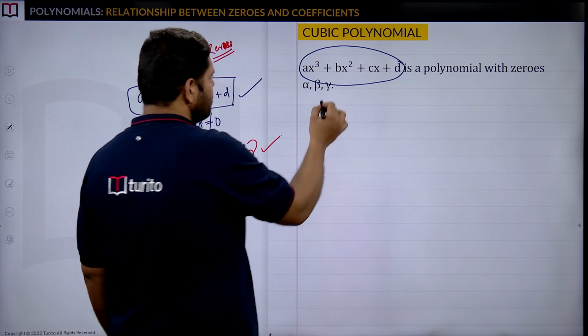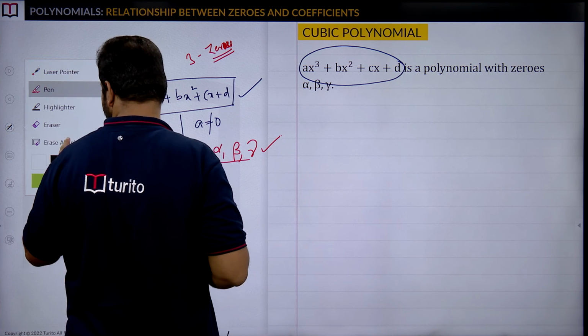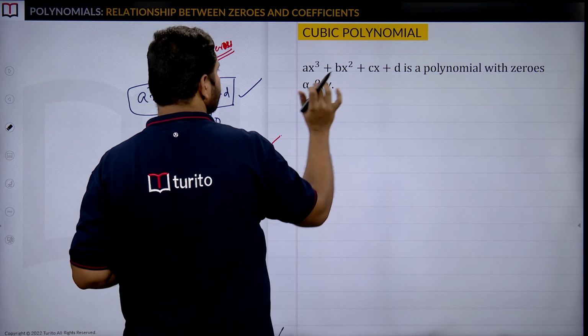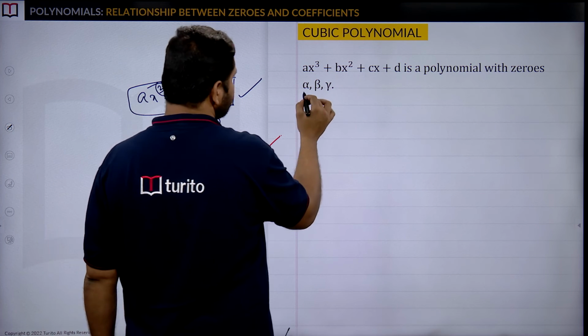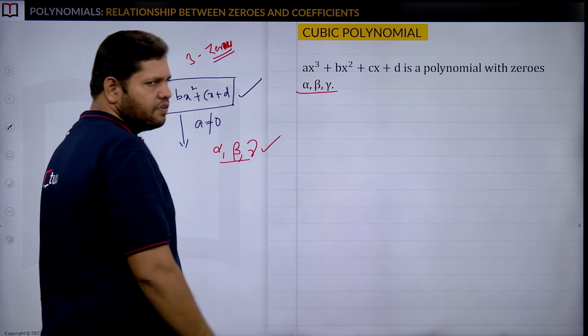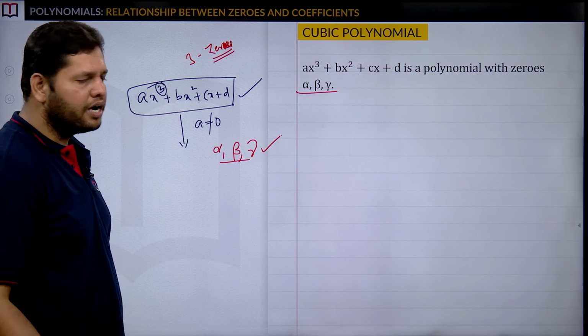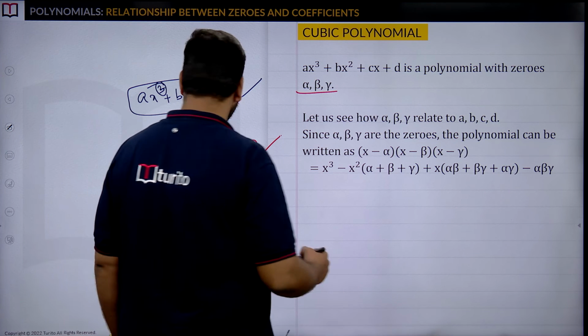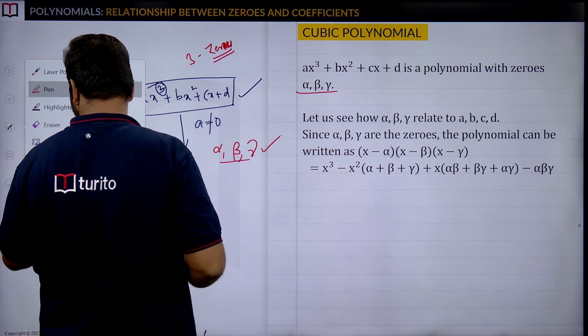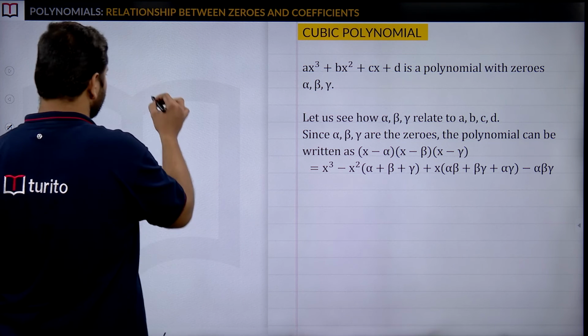See, children, this is alpha, this is beta, and this is gamma. So these 3 zeros, I am taking the letters as alpha, beta, gamma. Now children, how can we write it again? If alpha, beta, gamma are 3 zeros, how can we do factorizing?